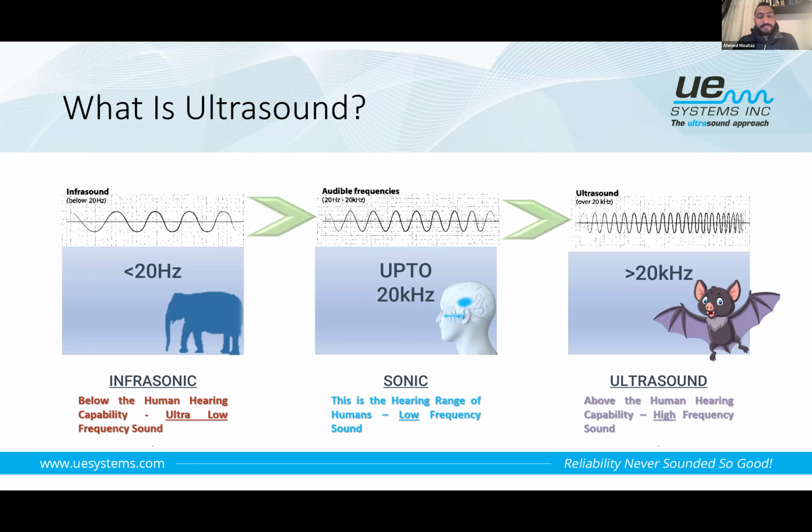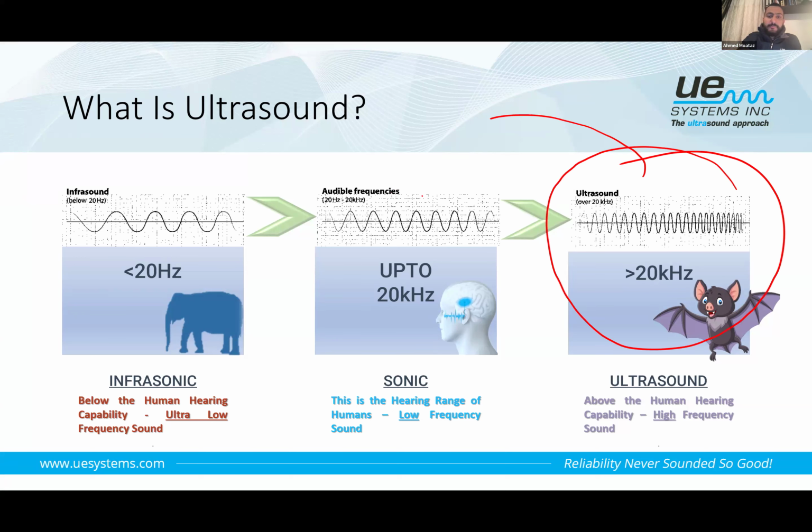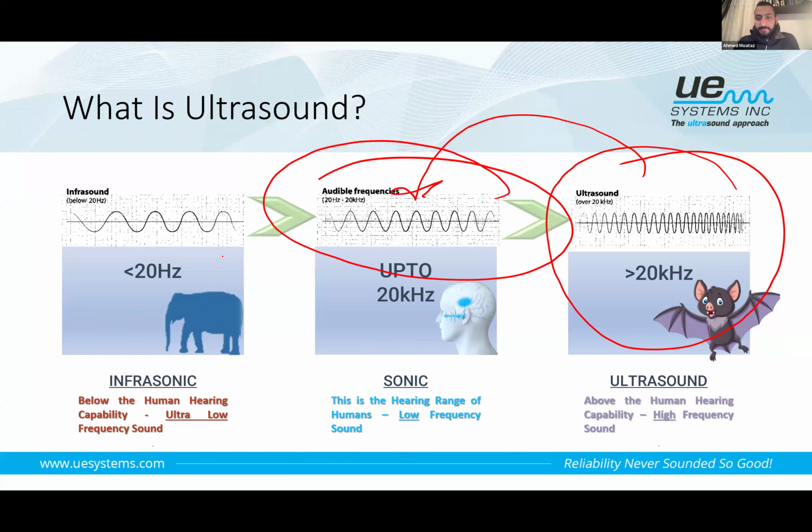So basically, ultrasound consists of very high frequencies, non-audible for us, very weak and very short waves, which can be captured by ultrasound tools and heterodyned to a low, audible frequency. So the tools capture these high frequencies and convert them into low frequencies to be audible and easily recognized.